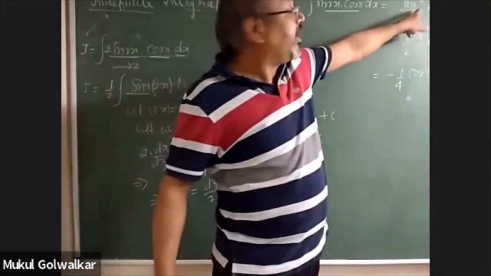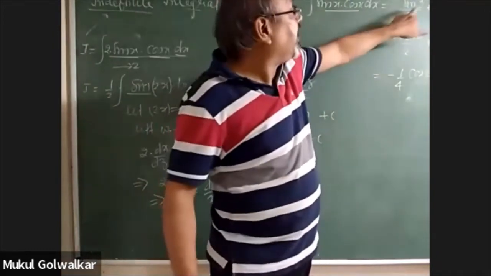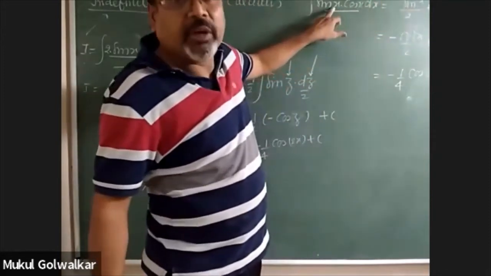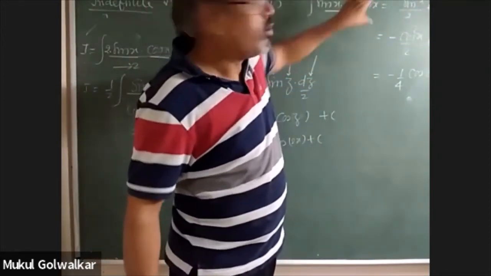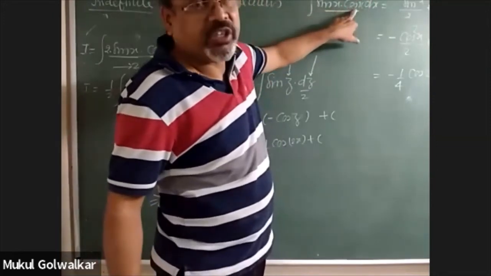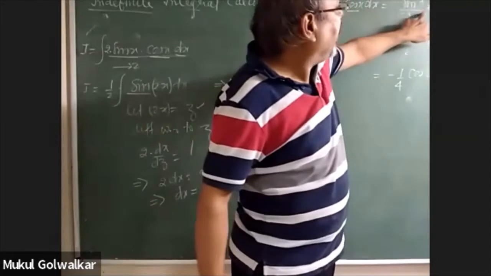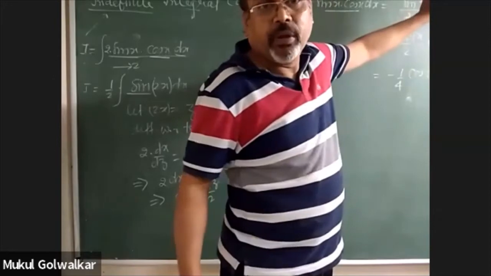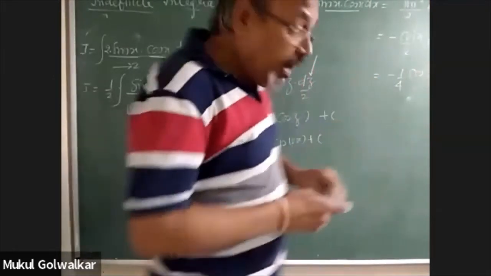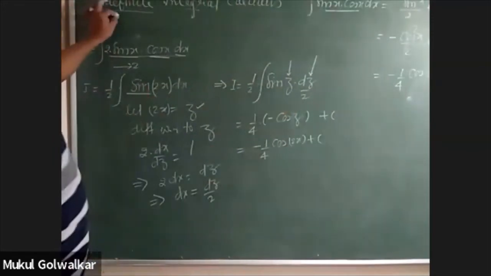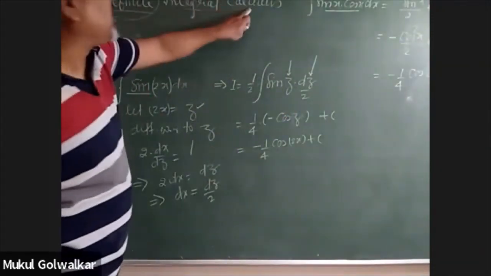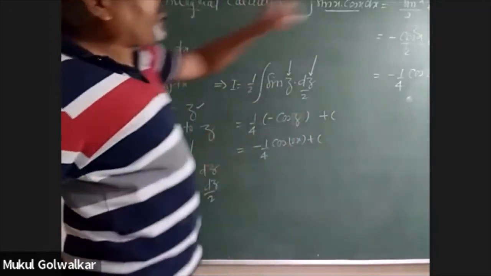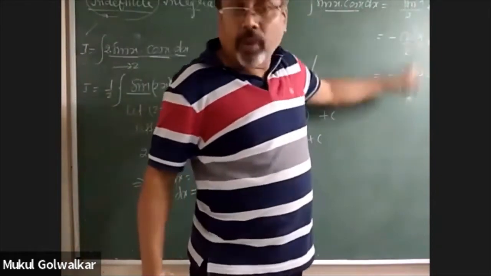Whatever answer we get after integration, if we differentiate that particular answer and get the original function in the question, which was sin x into cos x, then all these answers are correct. I am going to verify that also for you. And right now, this was a perfect example which shows that integral calculus is indefinite in nature, that means there can be more than one correct answer to the problem.